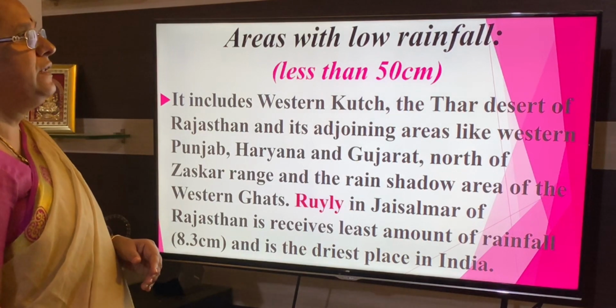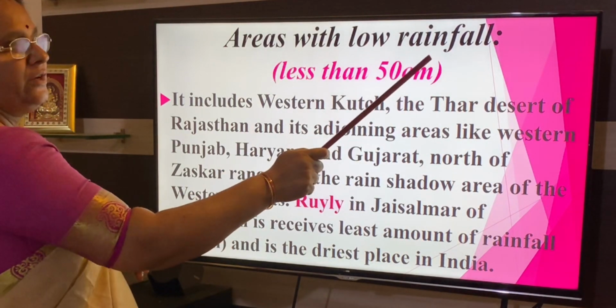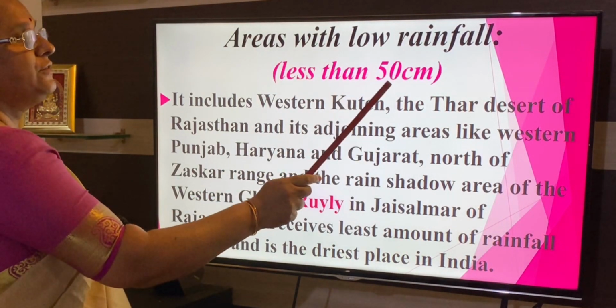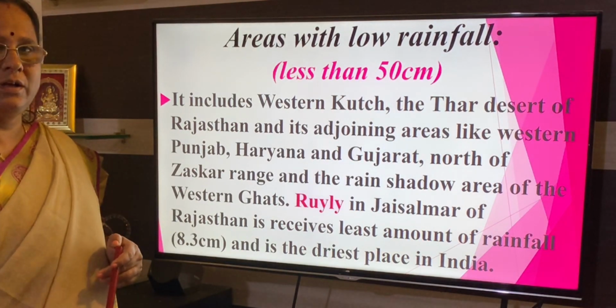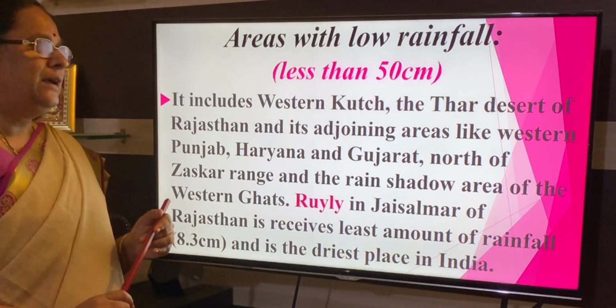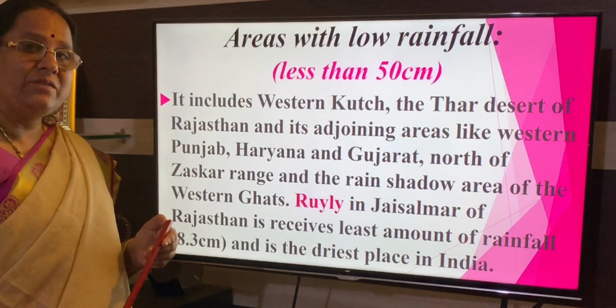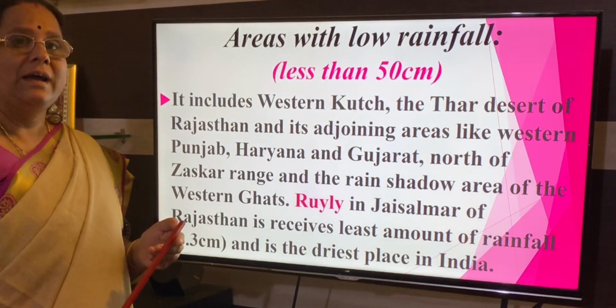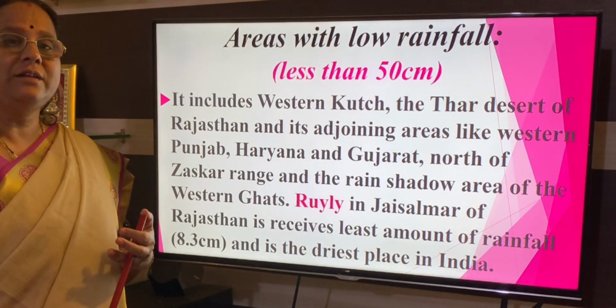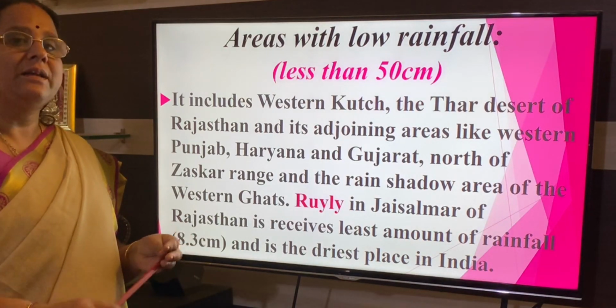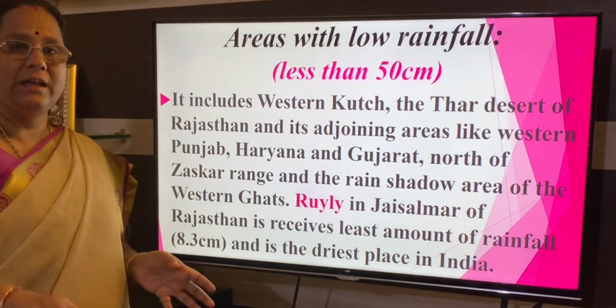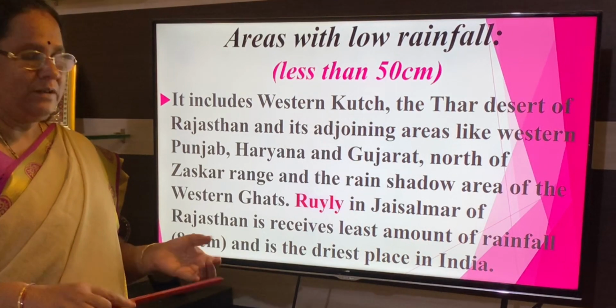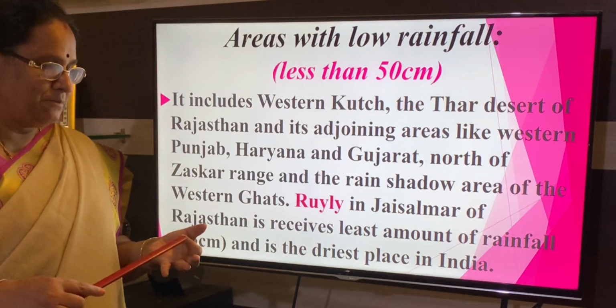First we will learn about the area with low rainfall, that is less than 50 centimeters of rainfall. All of you know, it is mainly in desert regions where we receive less rainfall. The Thar desert is located in Rajasthan. So remember, Rajasthan and adjoining areas you can mention, that is Gujarat, Rajasthan, Punjab.